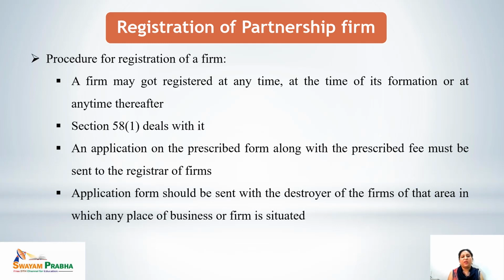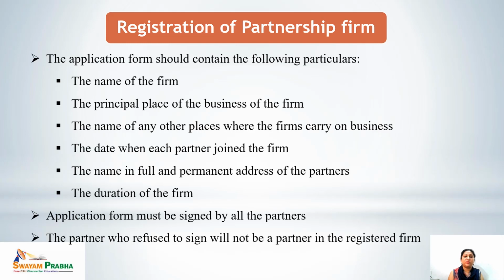What is to be done? An application should be submitted with the requisite fees to the registrar of firms, stating where the business is situated, what the place of business is.